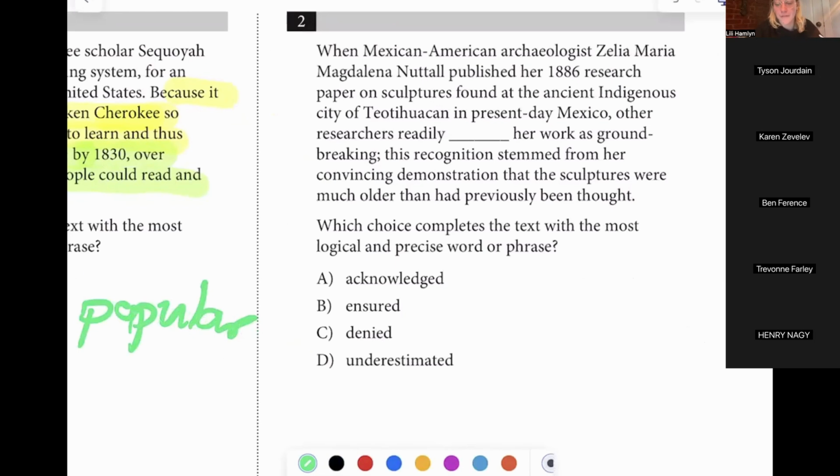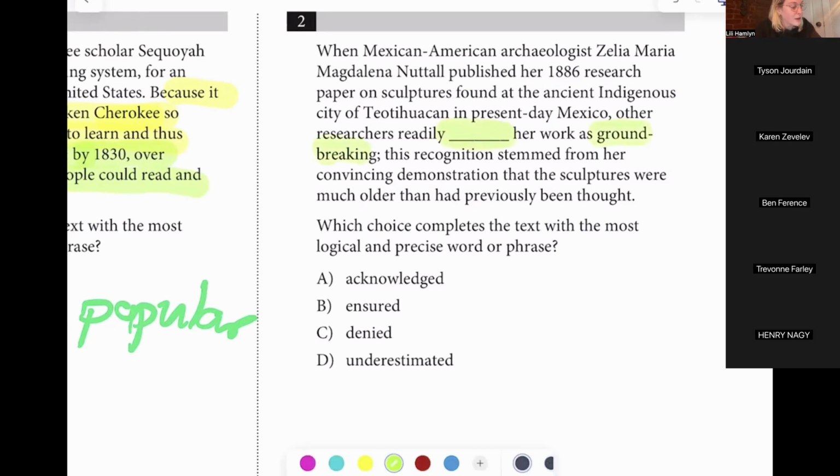All right. Number 2. What did everyone get for this one? Yeah, perfect. So it says other researchers readily something her work as groundbreaking.